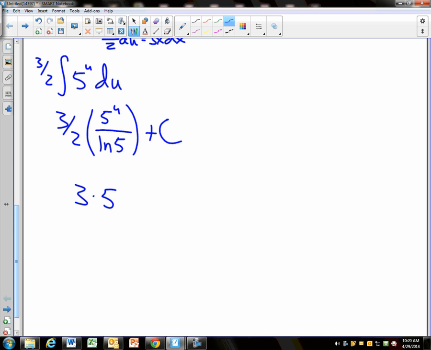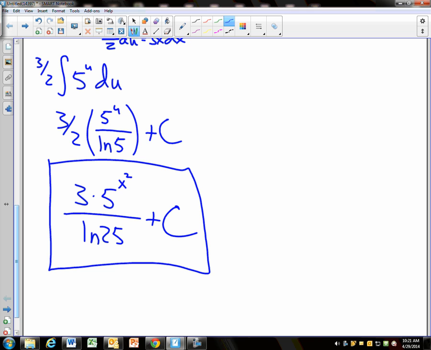What is u? x squared over 2 times the natural log of 5 is the same as the natural log of 25 plus what?